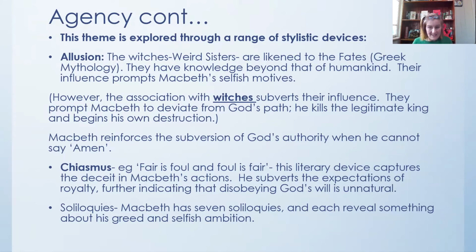And that idea that they're not quite who they should be, that they're somehow supernatural, means that their influence on Macbeth is negative. Okay, so what does that mean? Yes, I've got supernatural power. Like if I believe in God, I believe God has divine power. If I was living in Greece, I would have believed that the fates had that control over my life.